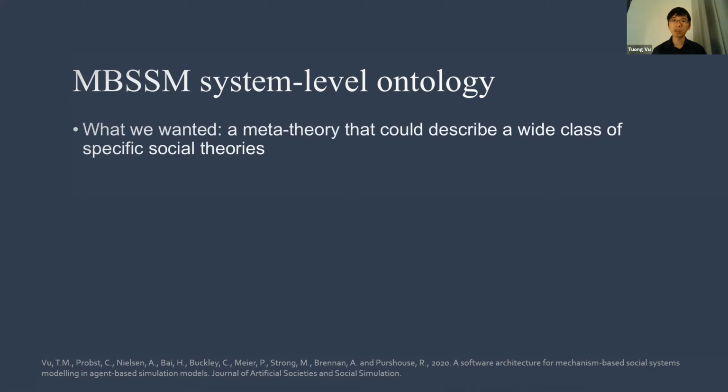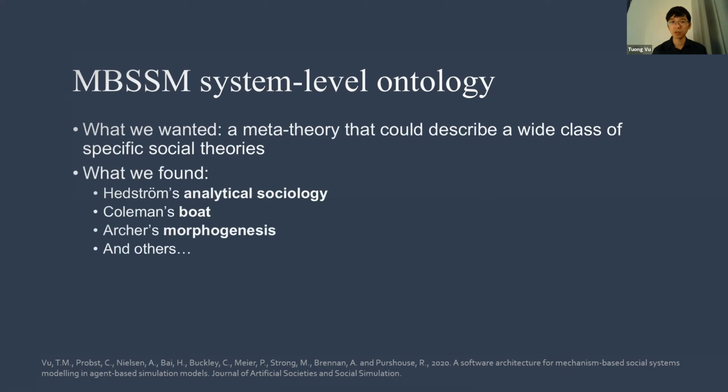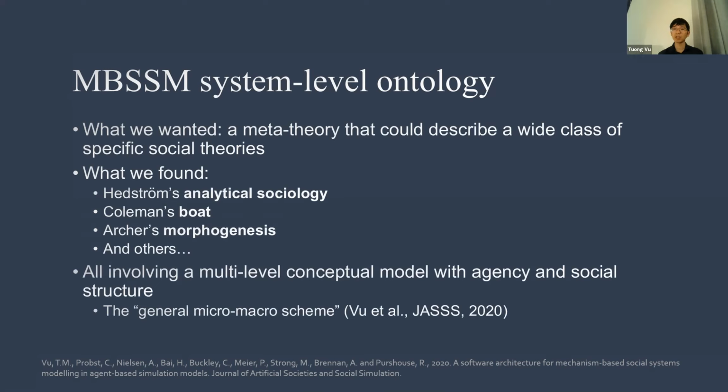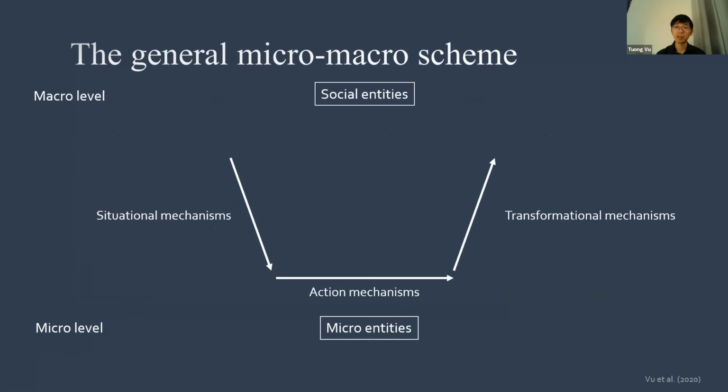What we wanted is a meta theory that could describe a wide class of social theory. We found Hedström's analytical sociology, Coleman's boat, and Archer's morphogenesis. And what we did is combine all of these together to create a general macro scheme. It is actually based on the Coleman boat, right?